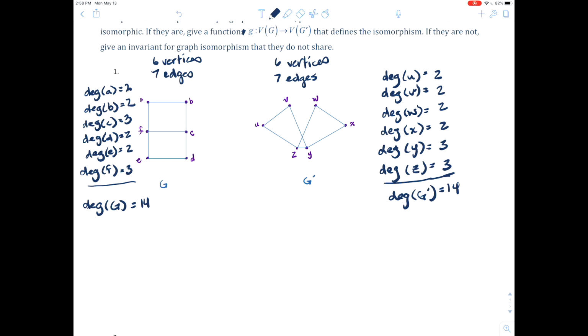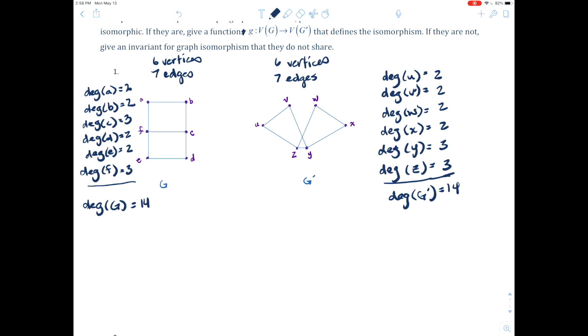All right, well, let's just go ahead and try to make our function. This one's a little bit easier because these are simple graphs, so we don't have to do both an edge correspondence and a vertex correspondence, just the vertex correspondence.